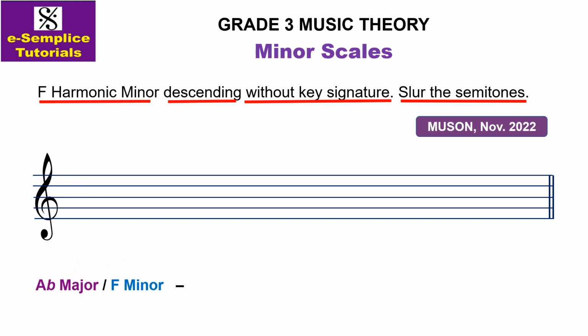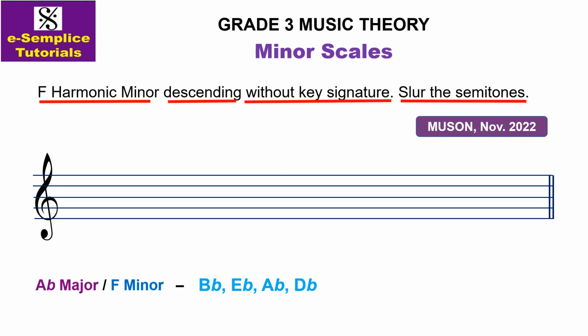F minor is the relative minor of A flat major, so the accidentals in it will be B flat, E flat, A flat, and D flat. To be proficient in writing skills, excellent knowledge of the key signatures in grade 3 will be very, very useful.